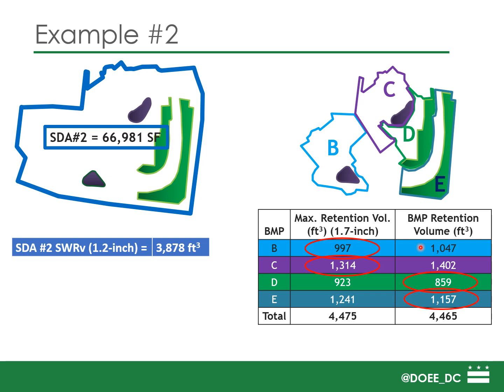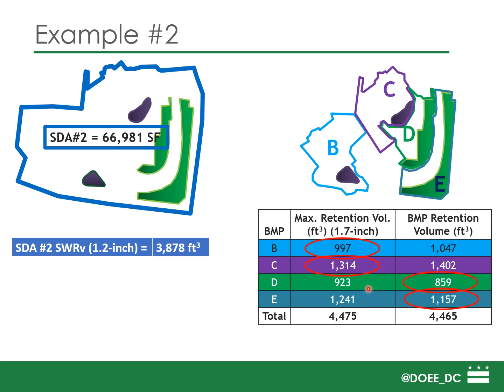So you can see in these cases, the bioretentions are both oversized, right? They have additional capacity that is not being utilized based on the contributing drainage area. Whereas the green roofs are undersized, so the size of these green roofs is smaller. They have less capacity than the volume that is being received from their contributing drainage area.